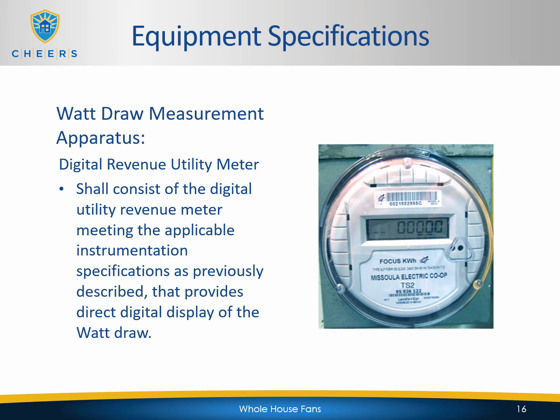Down at the bottom, in this one you can see below the zeros there on the right-hand side, it'll have either squares or rectangles that will move generally from left to right. They essentially replicate the black stripe that is on the dial on the analog meter. Every time those dots, and oftentimes there's a triangle to the side, move across the screen, that is the same as one revolution of the analog meter.